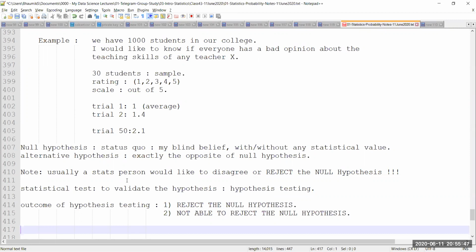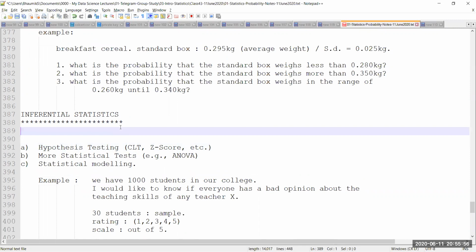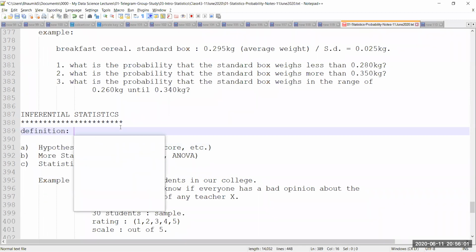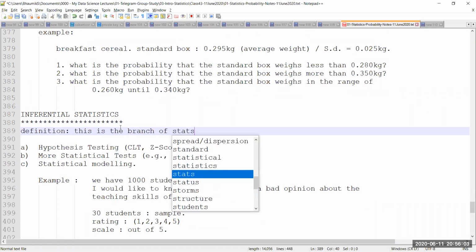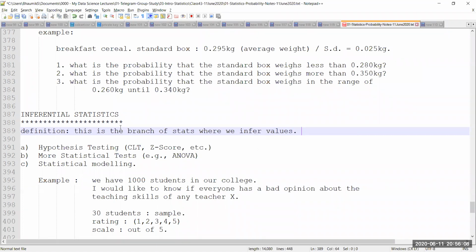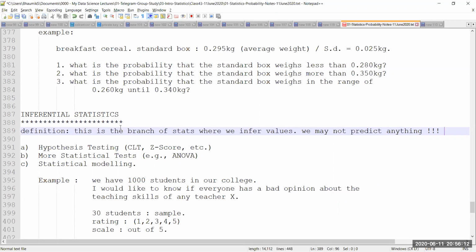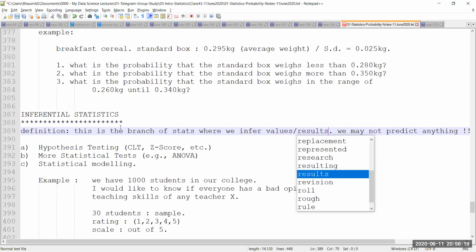Now that we have defined statistical terms like hypothesis testing, let's look into CLT. But what this inferential statistics thing looks like, a quick definition is going to help now, is that this is the branch of stats where we infer values. We may not predict anything. I may also say infer values or results.